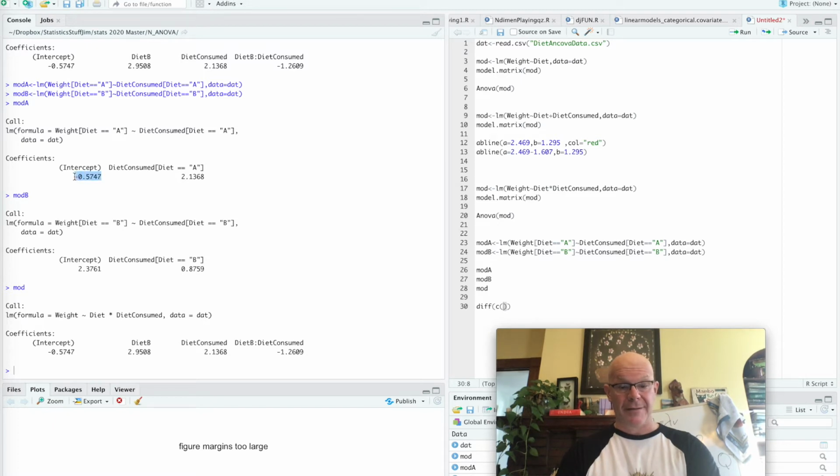So it's going to be negative 0.547, and it's going to be 2.3768, or 61, I guess, whatever it is.